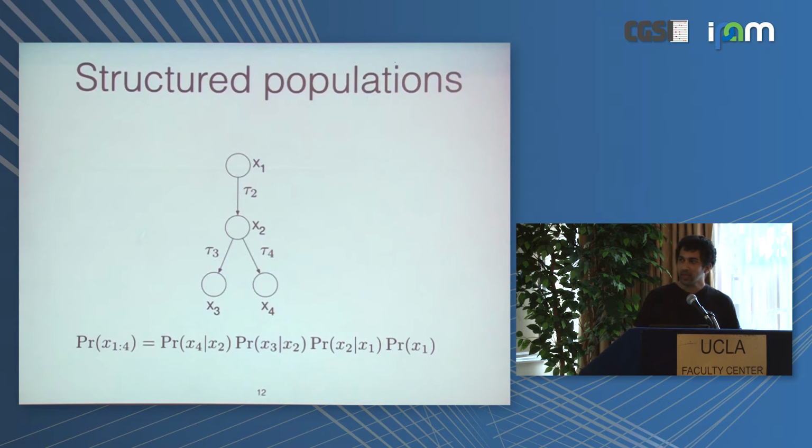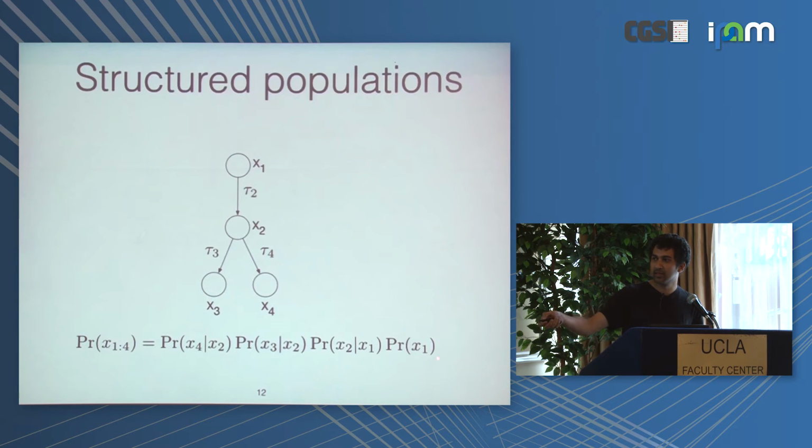So what we can now do is write the joint distribution of the allele frequencies in these four populations. And because of the way this model is set up, and because of the conditional independence between x sub 3 and x sub 4, you'll find that this conditional independence manifests itself in this probability factoring itself.